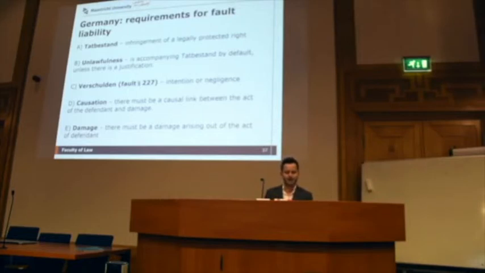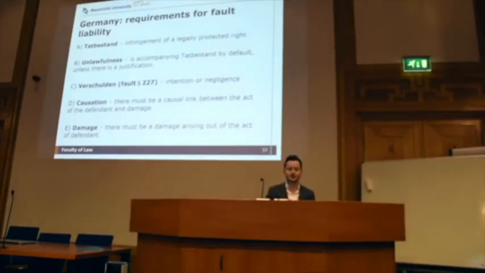Moreover, the Bundesgerichtshof, Federal Court of Justice, which is the highest appellate court in civil and criminal cases, has broadened the scope of paragraph 823 subparagraph 1 by incorporating a right to business into the protected rights.